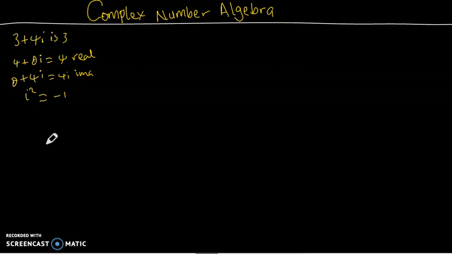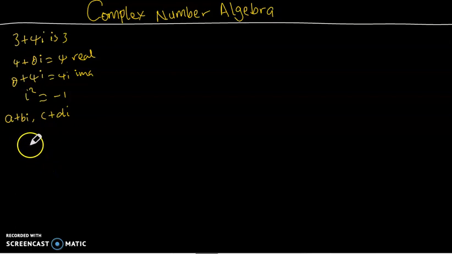First, equality of complex numbers must be defined. If we have 2 complex numbers, a plus bi and c plus di, both their real and their imaginary parts must be equal.